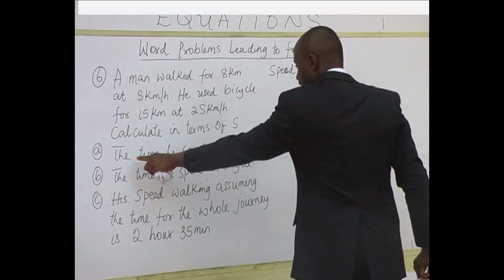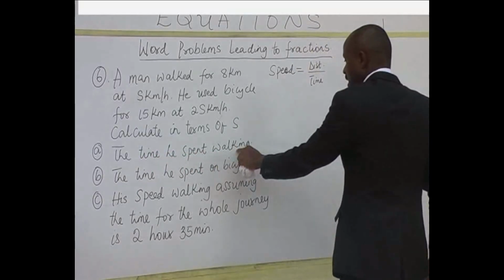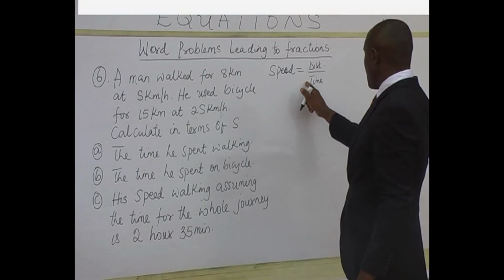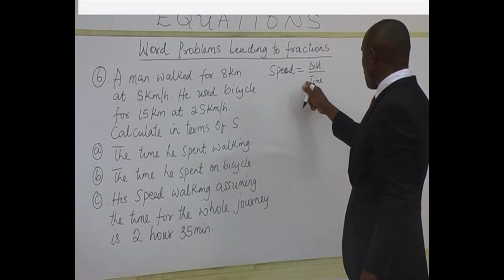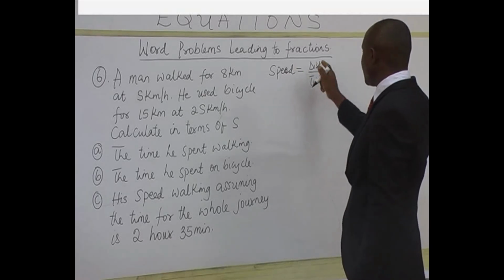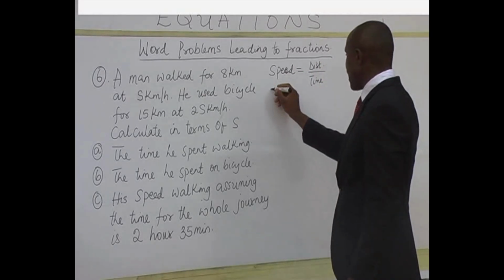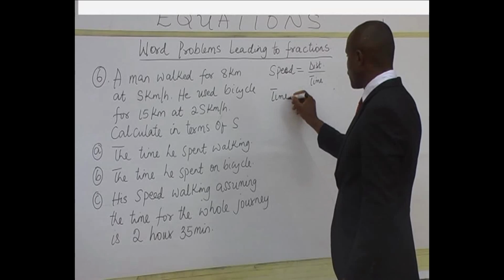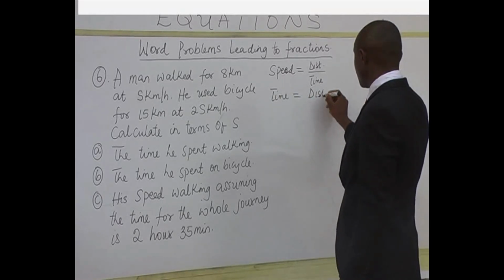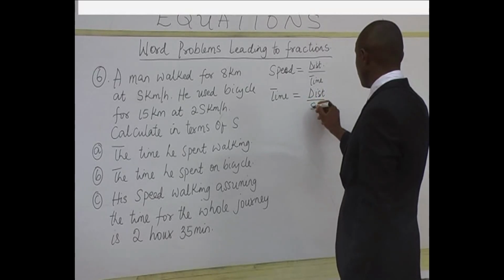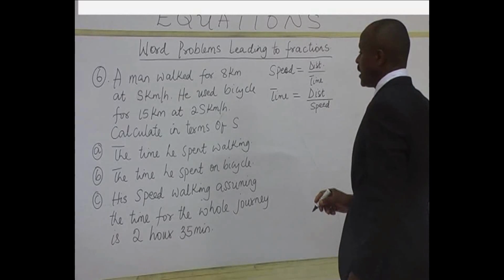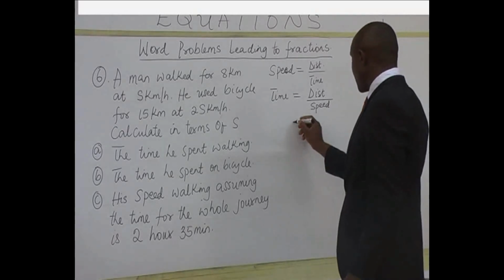Question number A is asking us for the time he spent walking. In this formula, make time the subject of the formula. If speed is distance all over time, that means time is going to be distance over speed. And the distance is 8 kilometers.